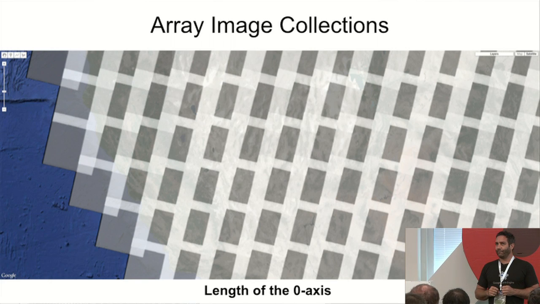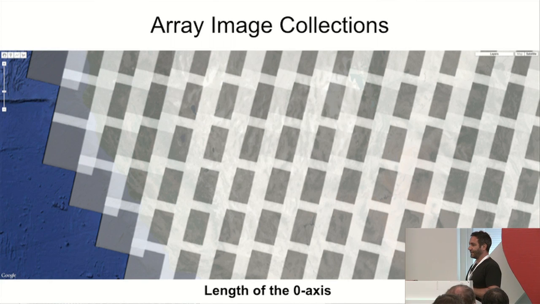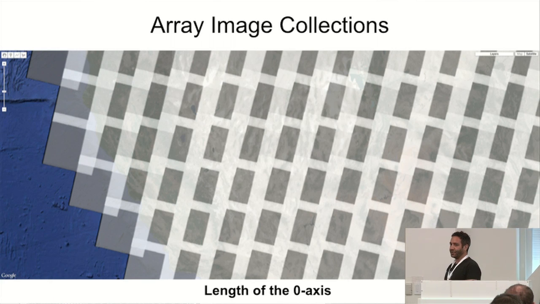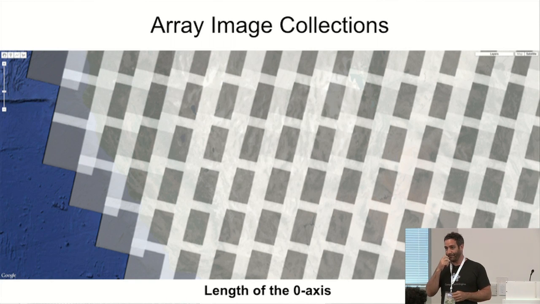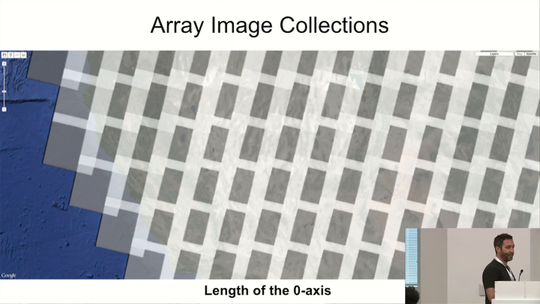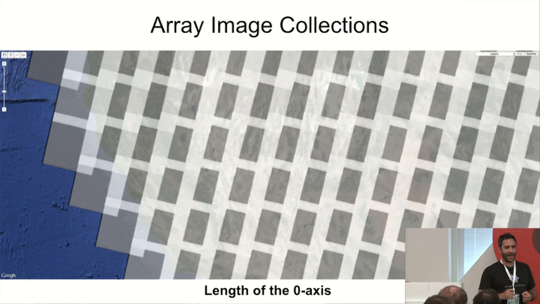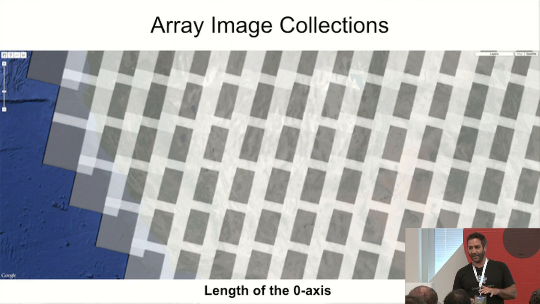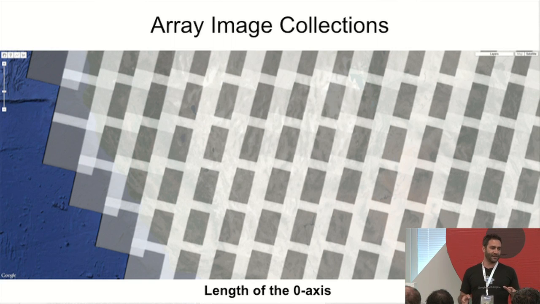So what I did here was I called .toArray on a Landsat collection, and then just added to the map the length of the 0 axis. And so you can see that it varies based on scene overlap and so forth. And if that difference in the lengths of those axes is important for your algorithm, then you need to consider the length of this axis.